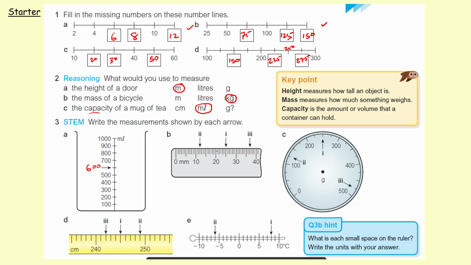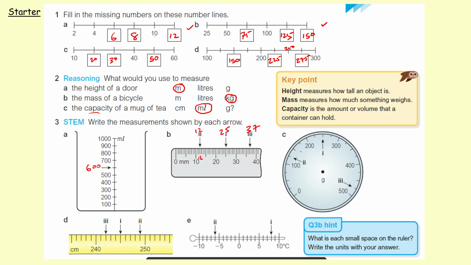It's going from 10 to 20, so each one is a unit, so we've got 12 here. 12 on II. On I, well I should have done I first. That's halfway between, so that's 25. Let's put 12 here. And then for III, dotty 3, we've got 35, 36 and 37.